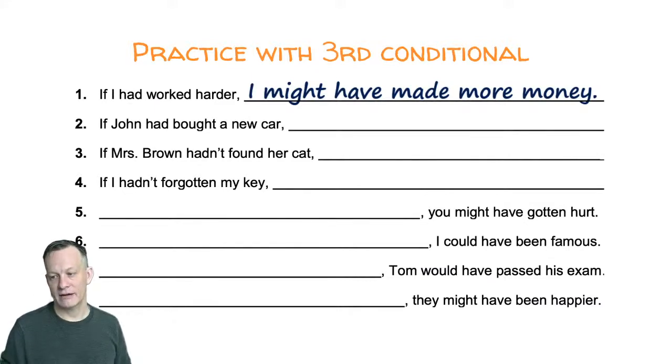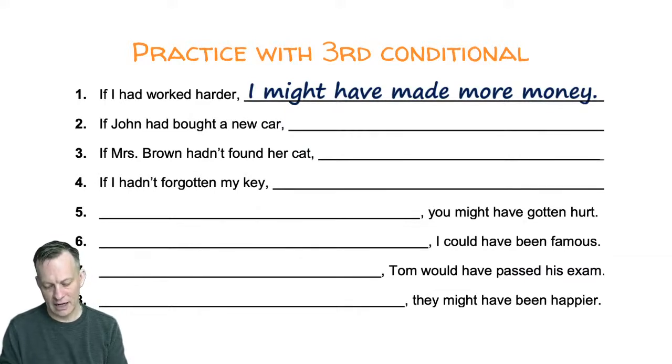He would have to pay for it. Marta. Hello, Marta. Okay, again, Marta, you have to put it in the past. So he would have had to pay for it, or he would have paid for it.